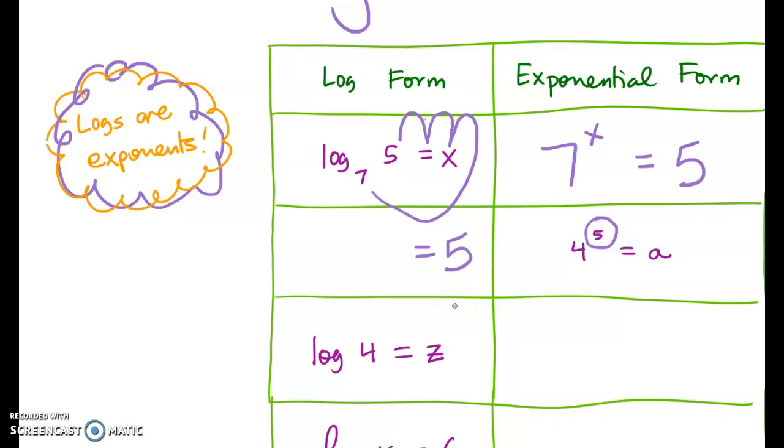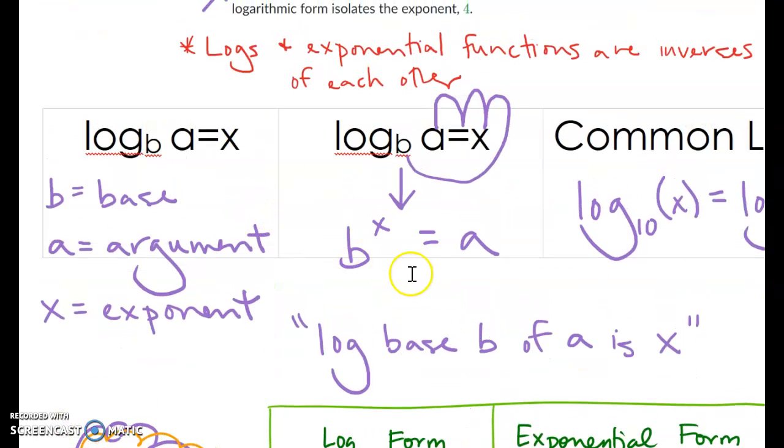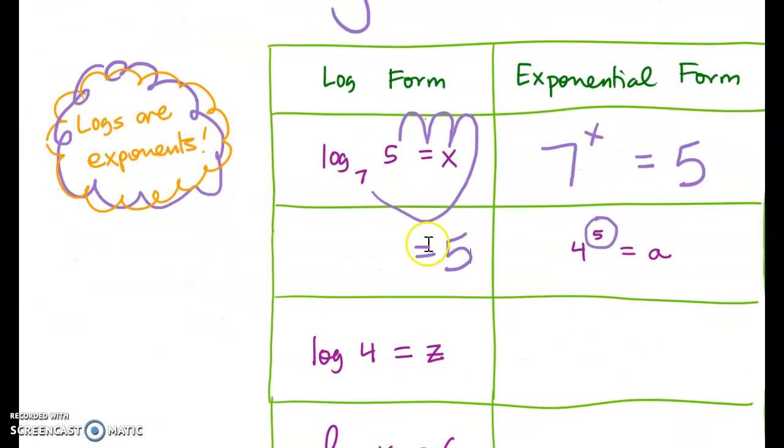Another thing I know is that if I scroll up and look at our notes again, the base in my log is the same as the base in my exponential form. And when I look here, my base in my exponential form is 4. I know I'm going to have log base 4 of my argument, which is a, equal to 5.